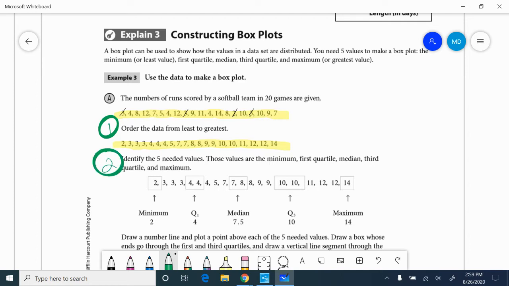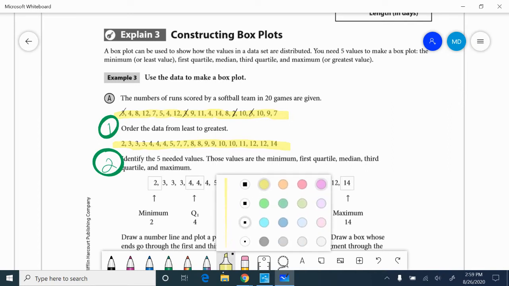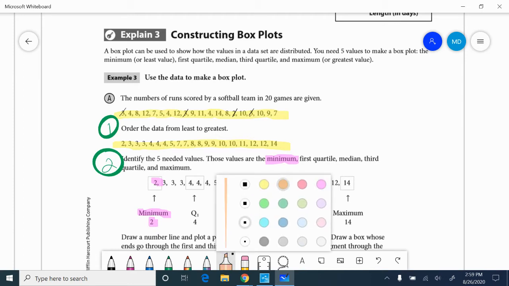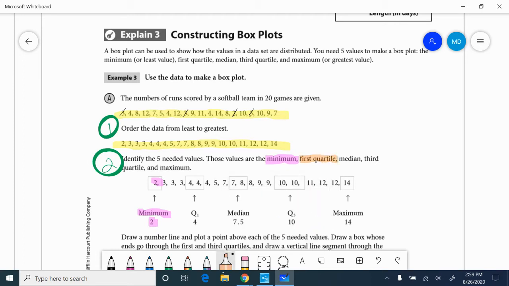Those values are the minimum. Okay, so let's use a different colored highlighter here. We have the minimum, which is right here. It's the smallest value. It's 2. We need the first quartile. That's represented as Q sub 1. Happens to be 4 in this case.